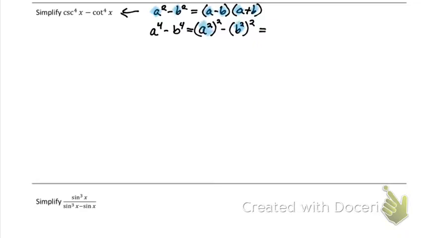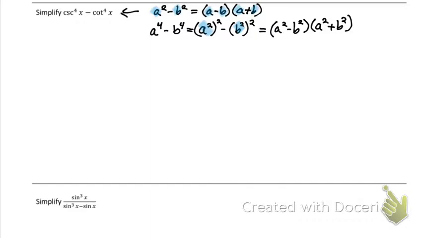We can rewrite this as a squared minus b squared times a squared plus b squared. So a to the fourth minus b to the fourth can always be written as a squared minus b squared times a squared plus b squared.